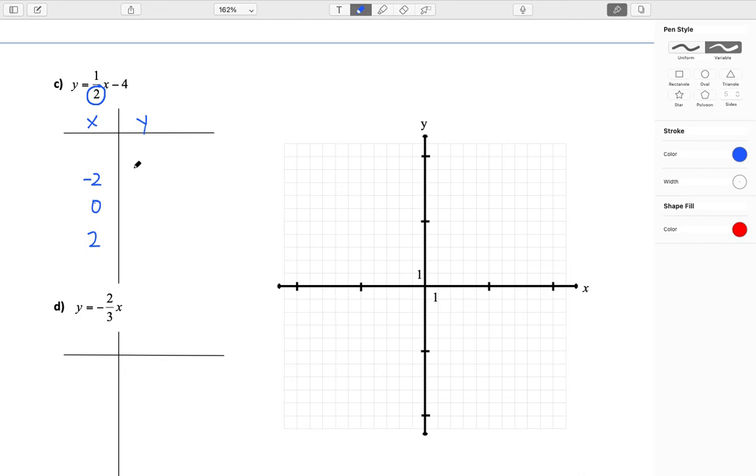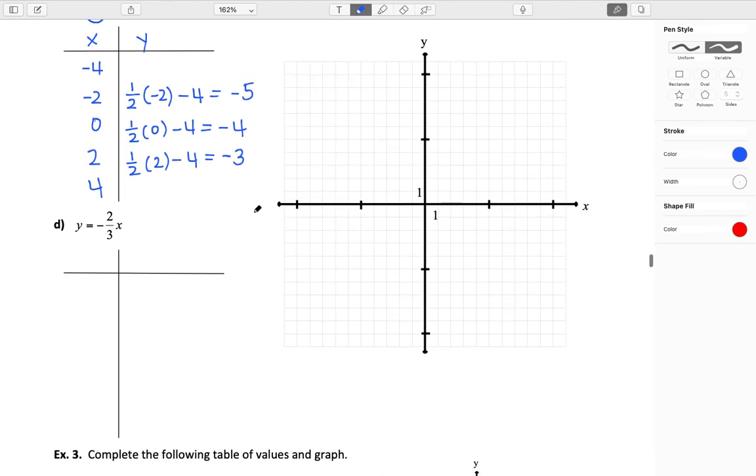When I plug it into the equation, 1 over 2 times -2 minus 4 will give me -5. 1 over 2 times 0 minus 4 will give me -4. And 1 over 2 times 2 minus 4 will give me -3. So if I want to add more numbers, always do a multiple of my denominator. So you could do -4 and 4 and so forth.